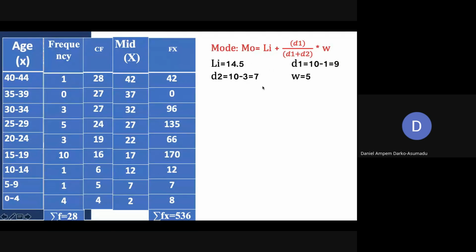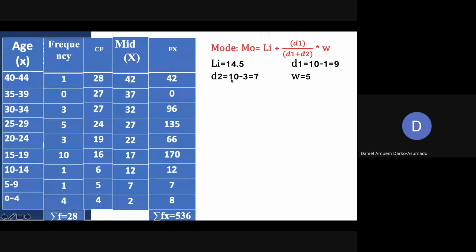D1 is the difference. So when we say difference, it's subtraction. A difference between the frequency of the class that contains the highest frequency, and the frequency immediately preceding the most occurring frequency. So if you look at this, it is 10 minus 1.